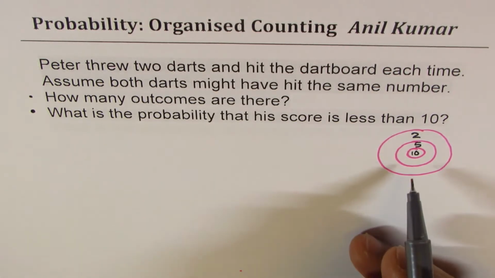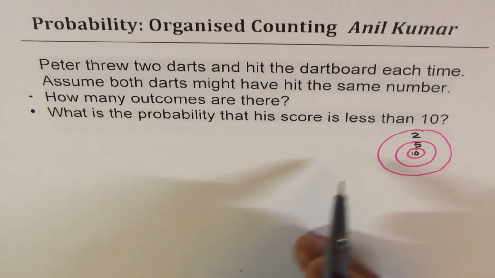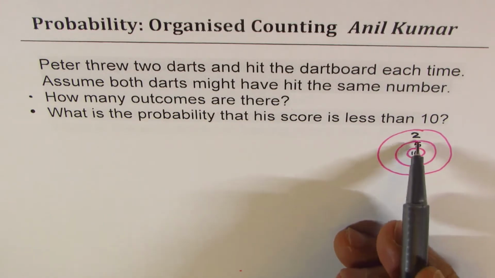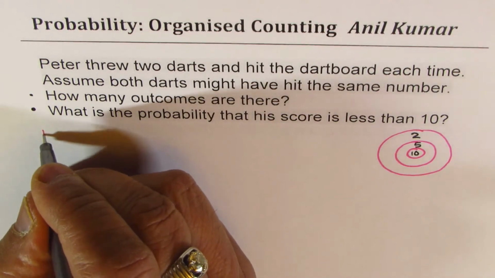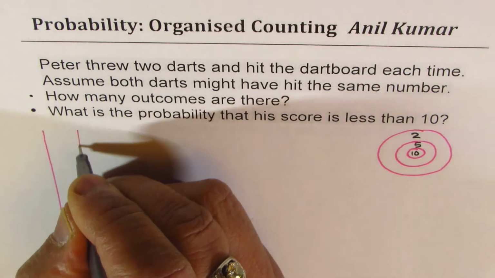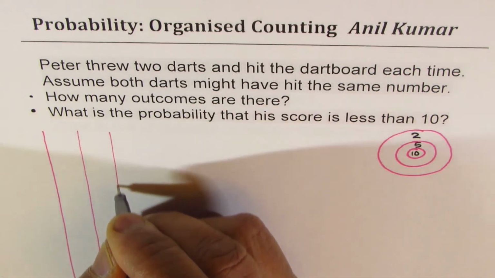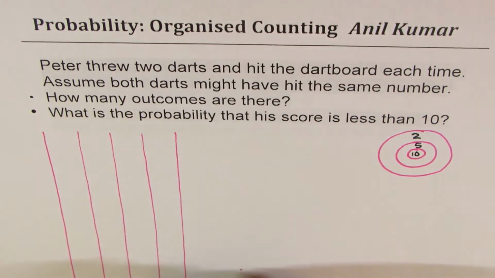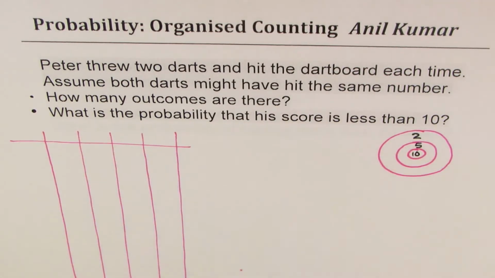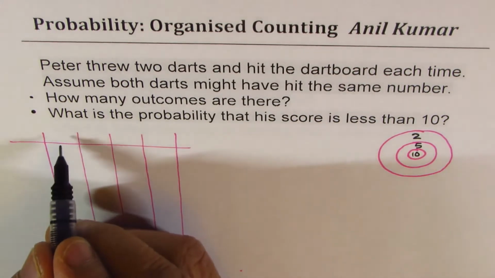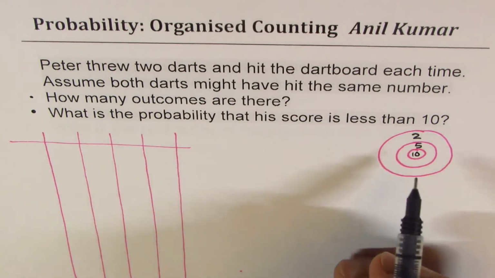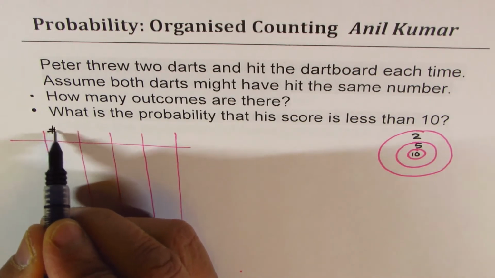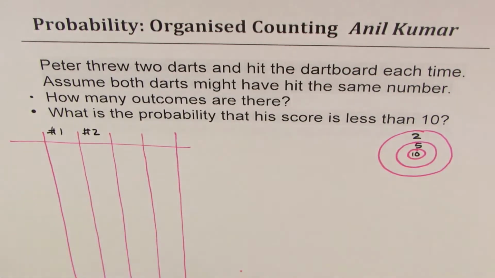Now here again, we have 2 hits, right? So we'll make a combination chart. In every hit, you could either get 2 or 5 or 10. So we have these columns in which we'll write 2, 5, and 10. And then we'll just add them up, and then we'll see what is the probability. Is it okay? So let us say this is our first hit. It doesn't really matter first or second, but let me call this hit 1, and this is hit number 2.